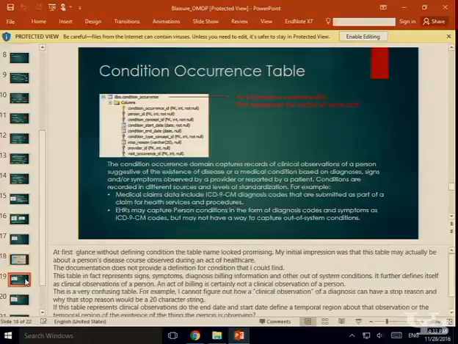Almost done. Condition occurrence. This is really where it starts to fall apart. This table can contain diagnoses, signs, symptoms, and out of system conditions, which I have no idea what that means.